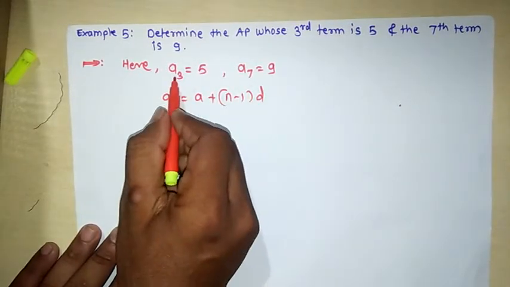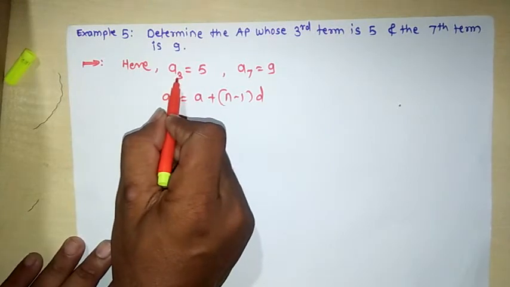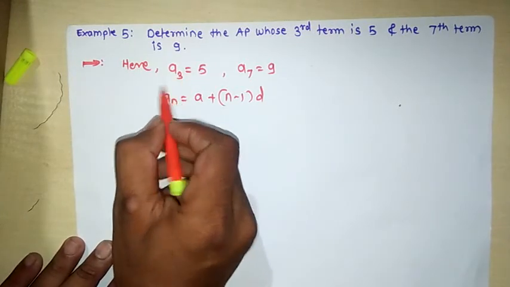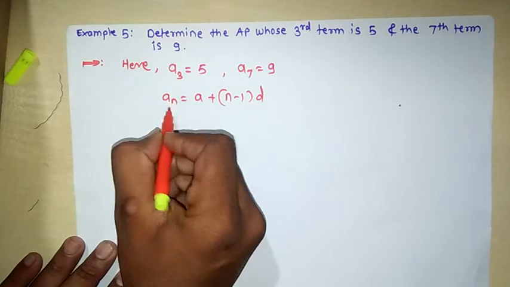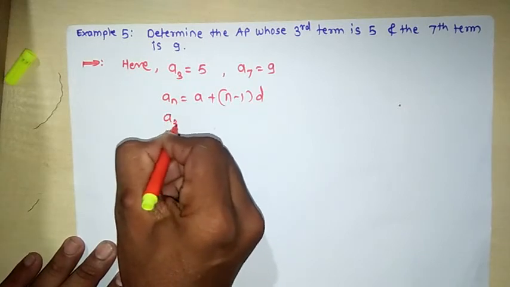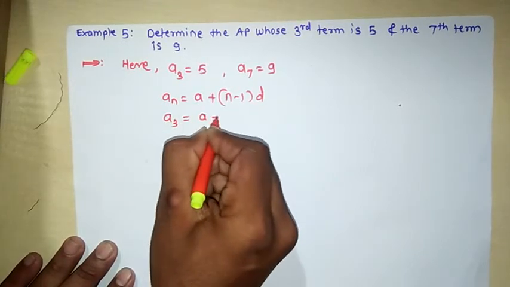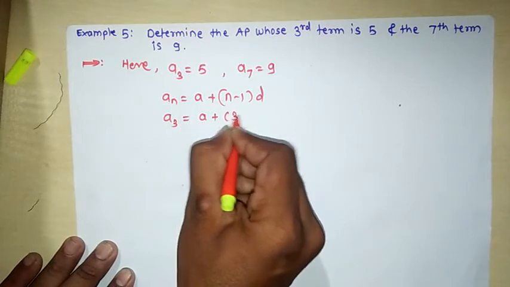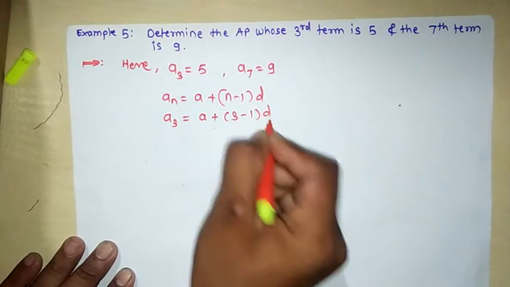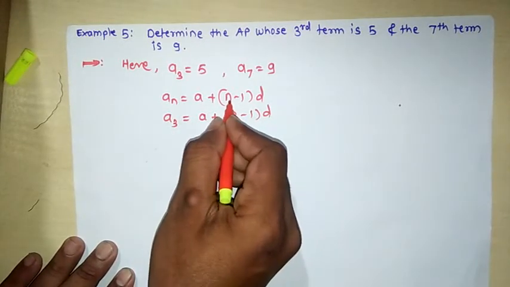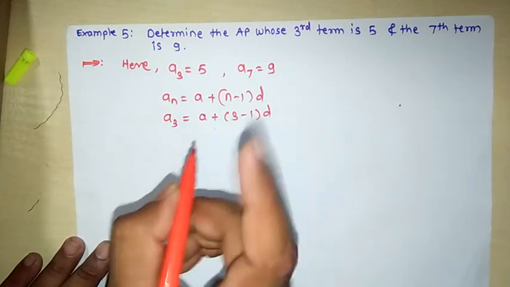Here the third term we know, that is 5. We will write the formula for the third term. a3 is equal to first term plus n is 3 minus 1 into d. Because it is the third term, instead of n we have to write 3.